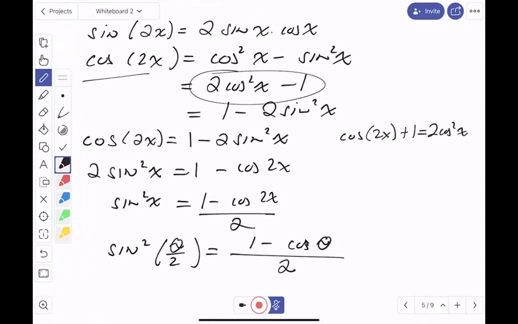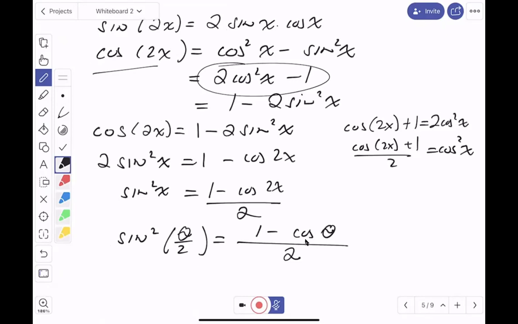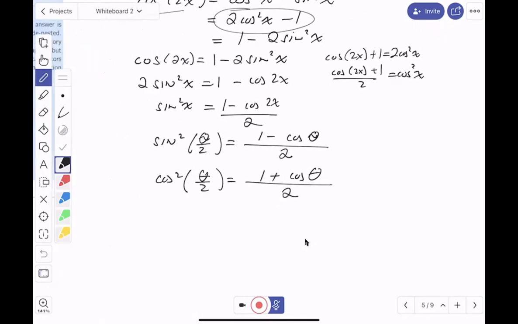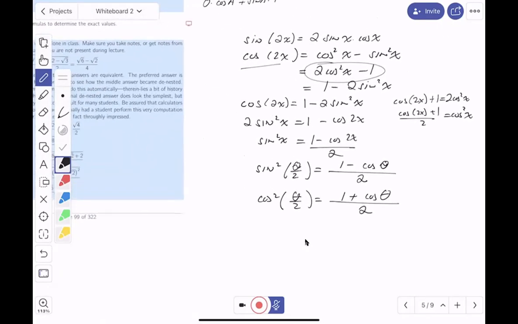And let's see what you got over there. I would say cosine 2x plus 1 over 2 is cosine squared x. I think I have another formula to write down for you. I'll put that over here. So I'm going to put down cosine squared theta over 2 is the same thing as 1 plus cosine theta over 2. So that's two pretty important formulas. And I need to know those.